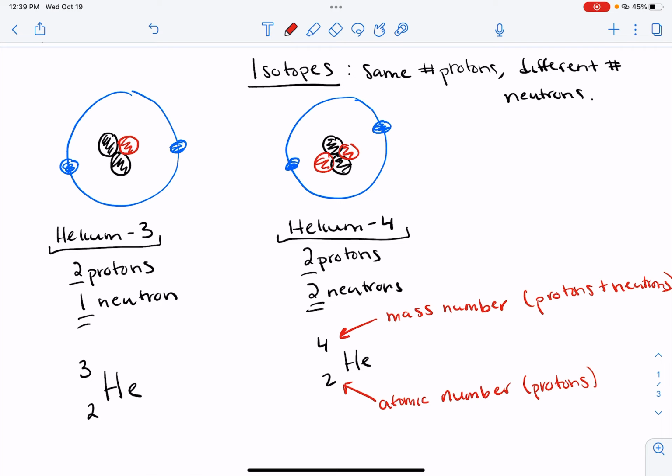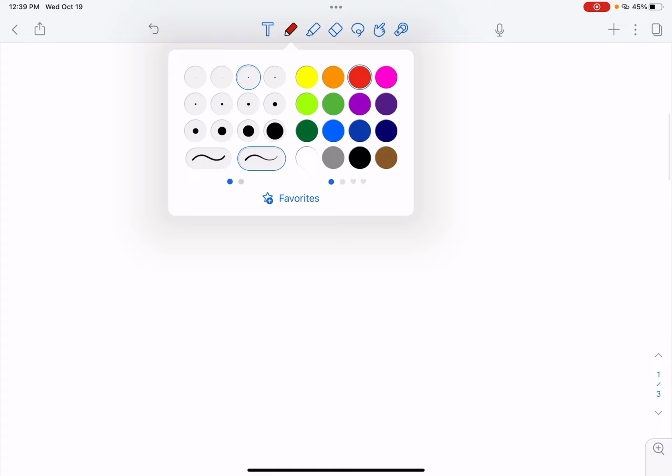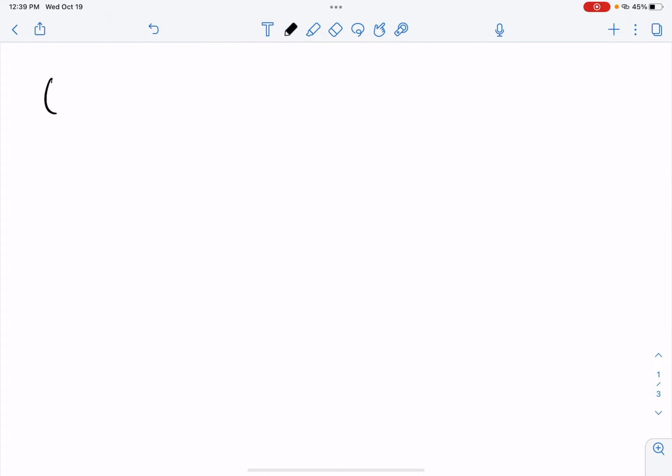So now let's take a look at how we could calculate the average atomic mass. And we do that using this equation. So we're going to write the equation. We're going to do the mass of our isotope 1 times the percent abundance in decimal form.